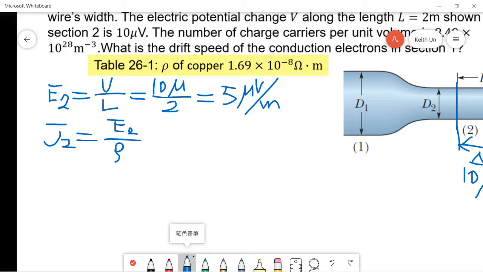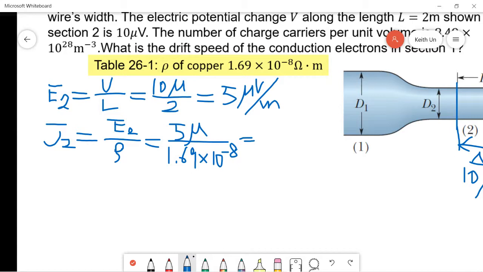Sigma is the conductivity. So we have 5 mV over rho, which is 1.6 times 10 to the minus 8. So this is 296 A per meter squared.